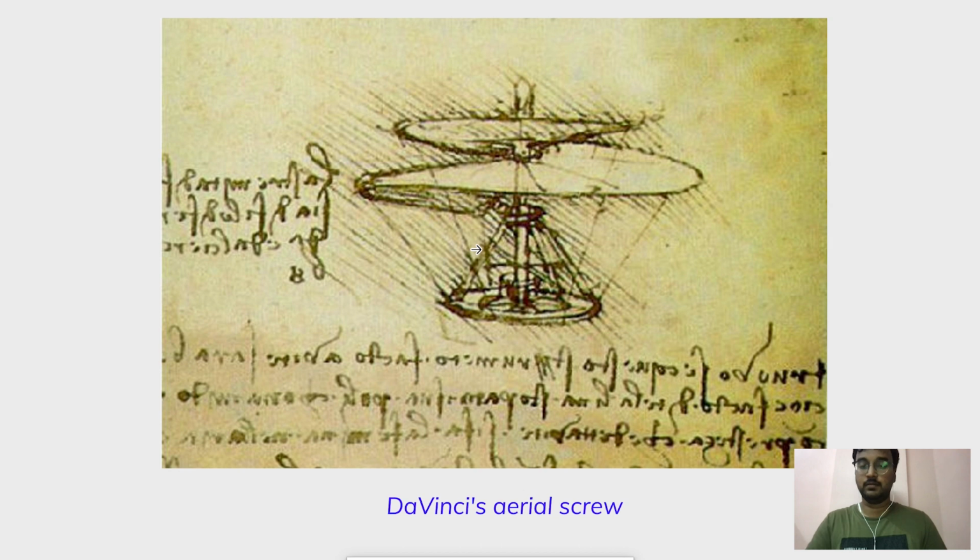There is this image that we have right now. This is analogous to the topic that we are going to cover today. This image is of Da Vinci's aerial screw, or we can also call it an old helicopter model.